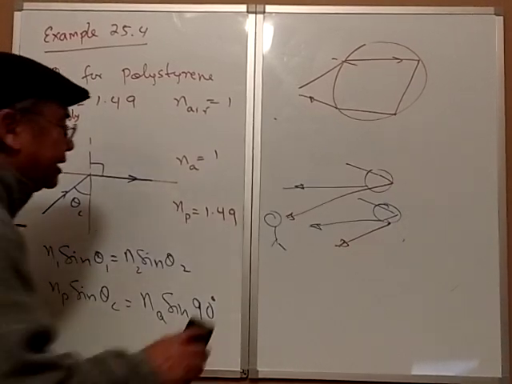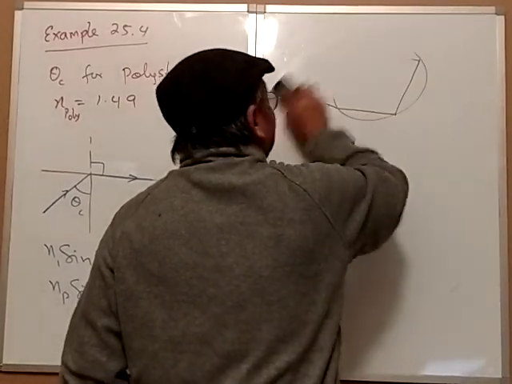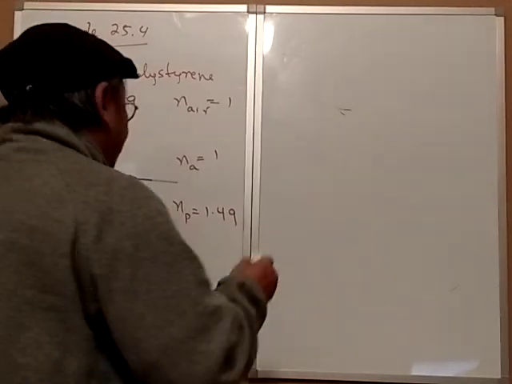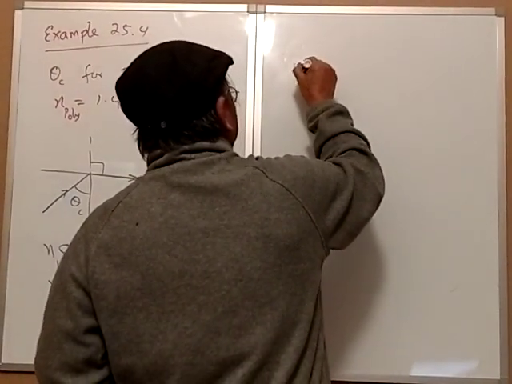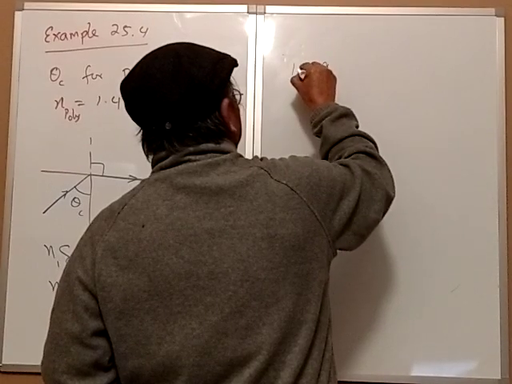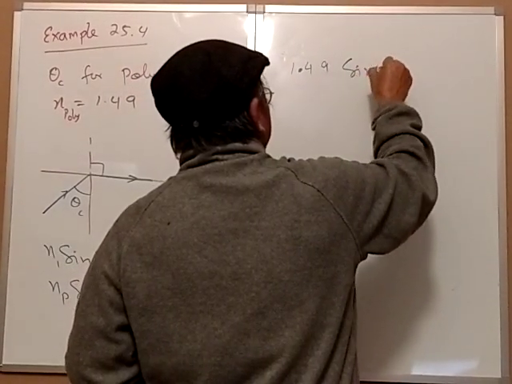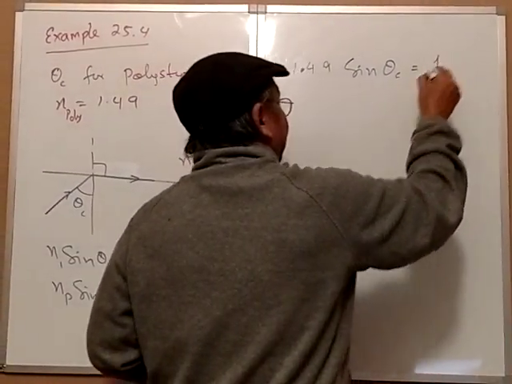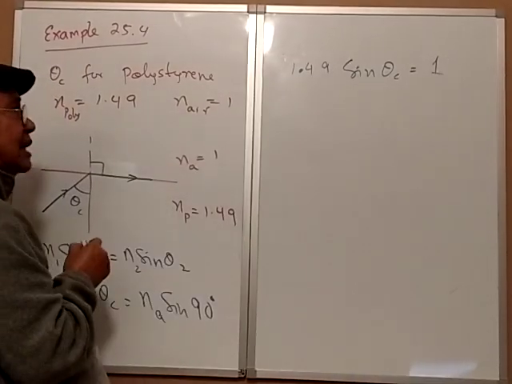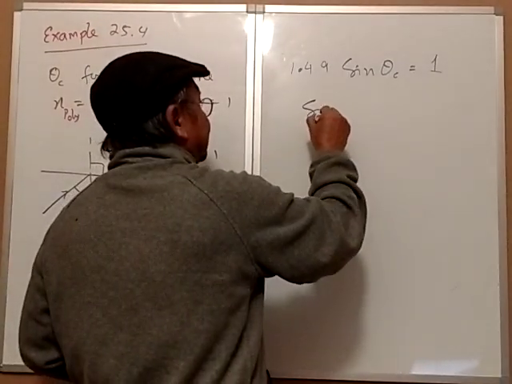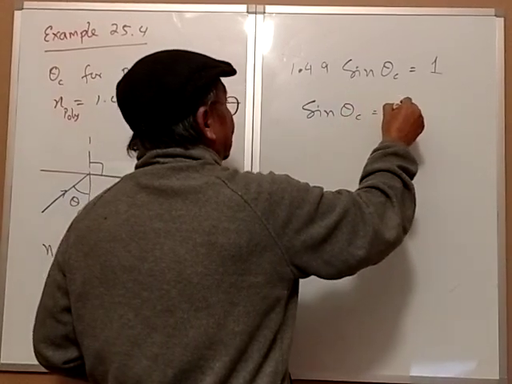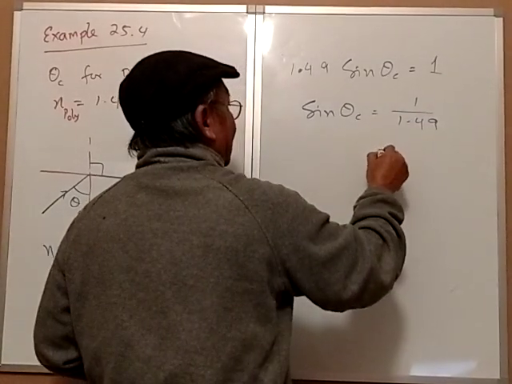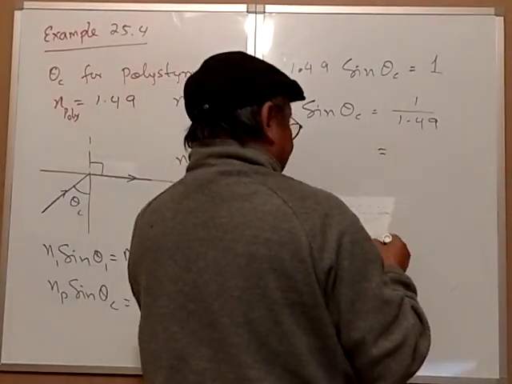So, now let's put in the numbers. NP is 1.49, and then sine theta c is equal to NA, which is 1, times sine 90, which is 1, so the right hand side is just 1. That means sine theta c is equal to 1 divided by 1.49, which is 0.671.